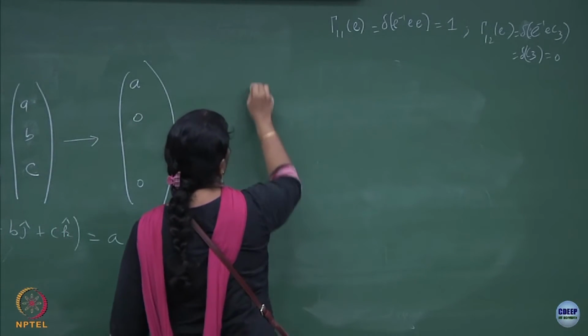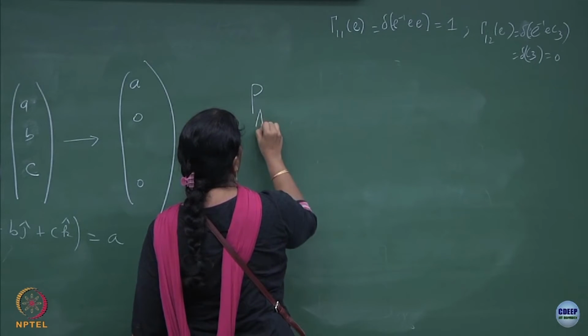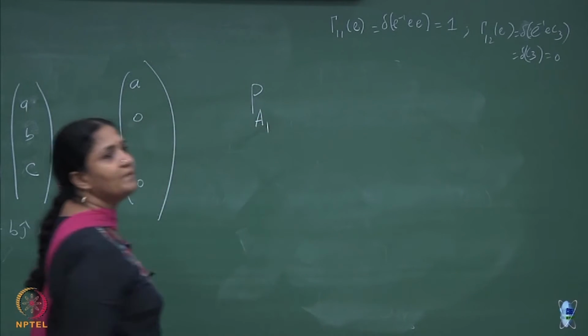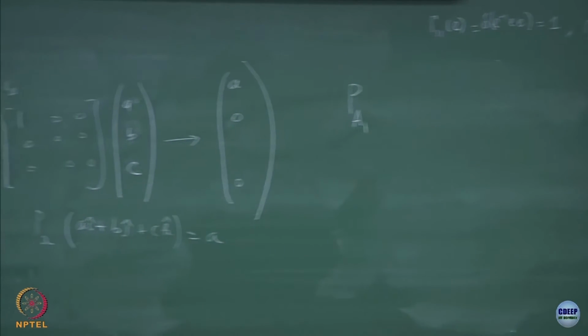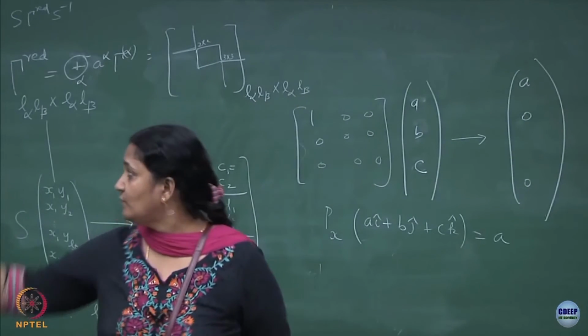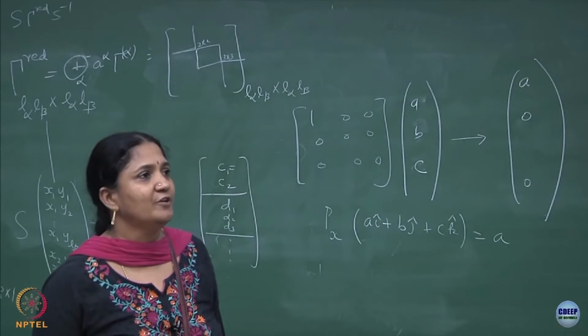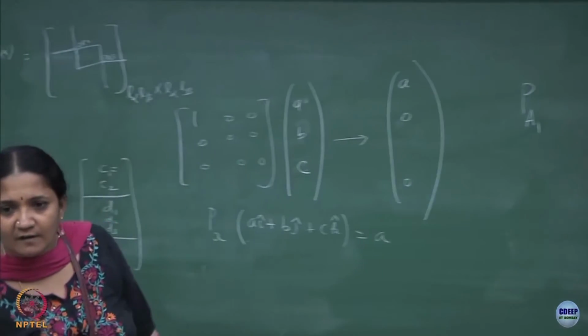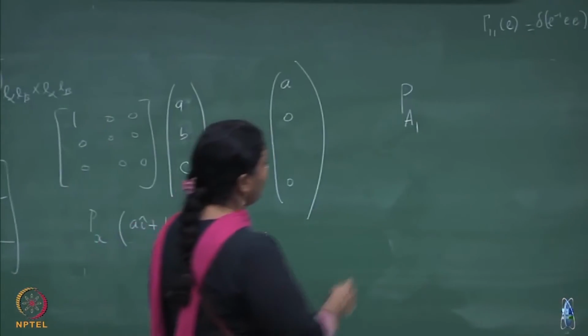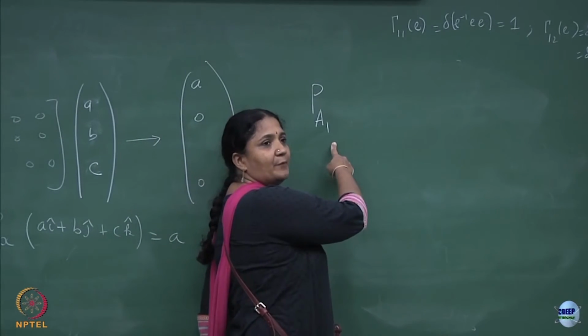So, suppose I want to write the projection for A1 using this. Let us do this for the conventional permutation of 2 objects. So, using this expression, A1 is a 1-dimensional irrep.